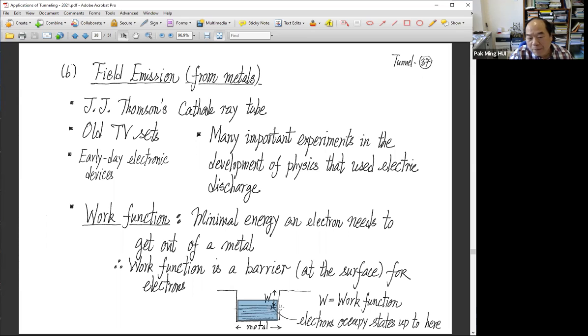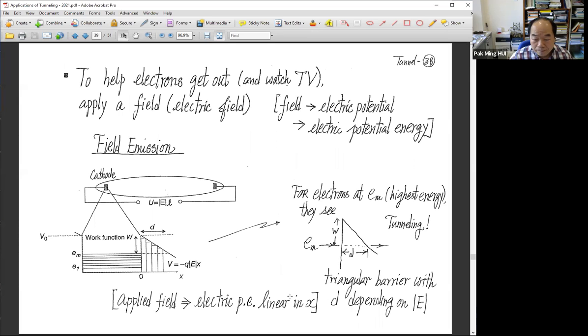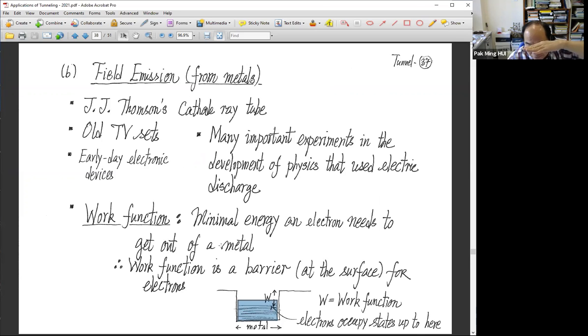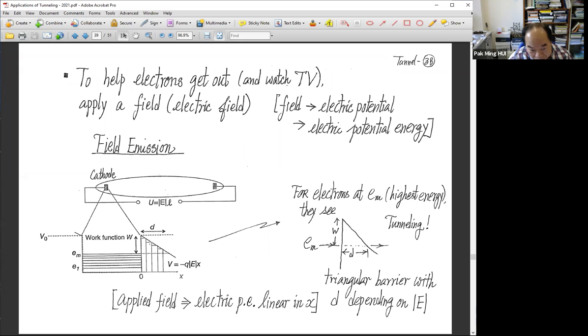Now, if you apply an external field, a constant uniform E field will give a linear potential energy because gradient V is E, okay? So when you apply a field, basically you are bending the originally flat potential energy down. Once you bend it down, the most energetic electrons in the metal may have a chance to pass through this barrier and tunnel out, okay?